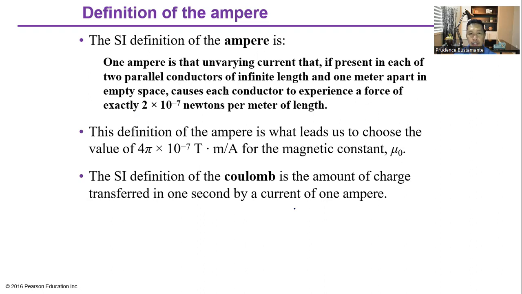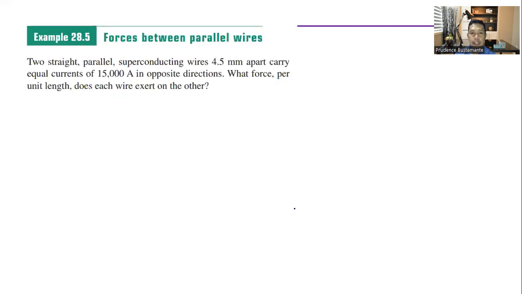This definition of the ampere is what leads us to choose the value of 4 pi times 10 to the negative 7 Tesla meter per ampere for the magnetic constant. The SI definition of the Coulomb is the amount of charge transferred in 1 second by a current of 1 ampere. Okay, so we will skip this one.